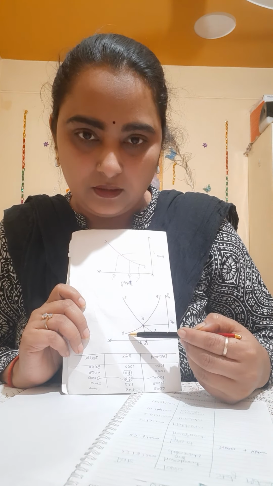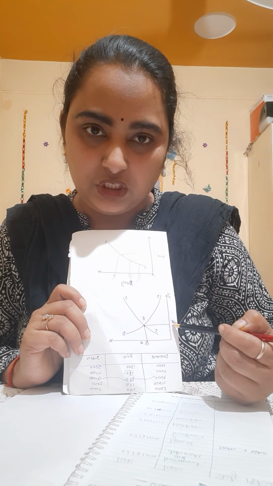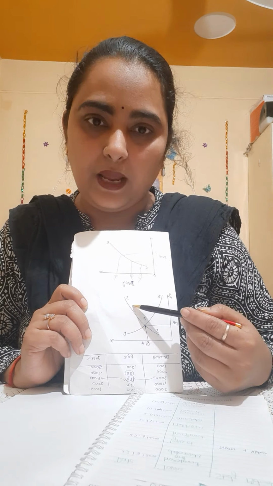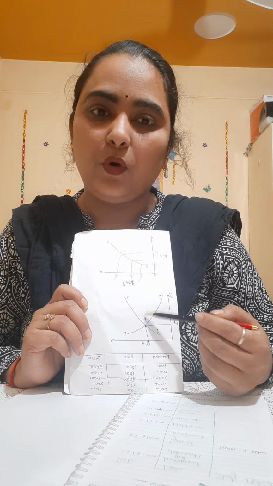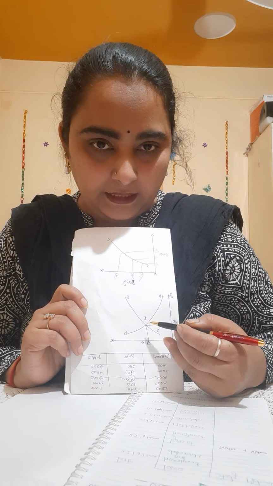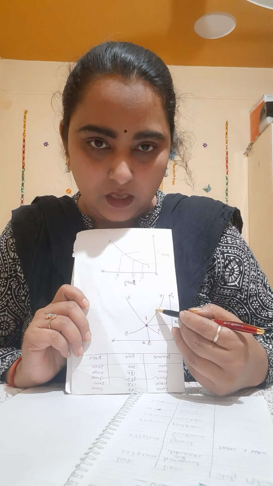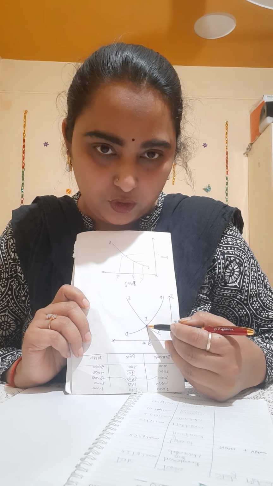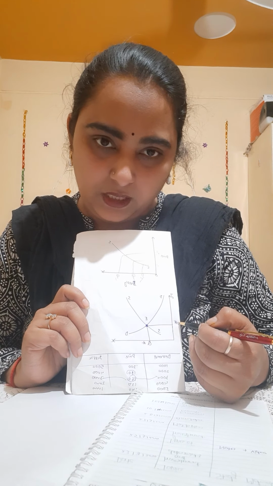This is the demand curve, which is going downward, which shows the negative relationship with price, and this is the supply curve, which is upward sloping, which shows the positive relationship with price. Both intersect each other at point E. It means demand and supply are equal at point E, and this is the point where the price will be decided.